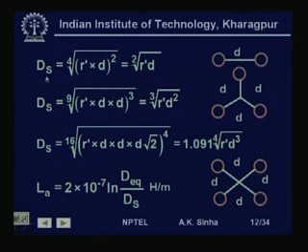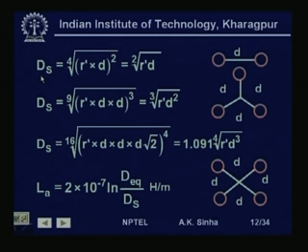Now, if we look at the effective radius when we are using 2 conductors placed at a distance d, normally this distance d is approximately 10 times the diameter of the conductor.